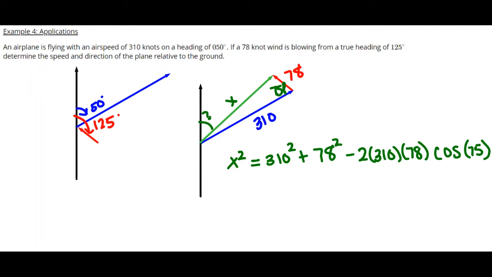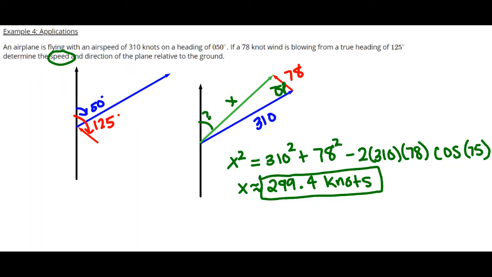This is the law of cosines. Make sure your calculator is in degrees when you calculate this. Then we take the square root because this is x squared, and you should get 299.4. So this x value, the magnitude, which is our speed, is 299.4 knots.